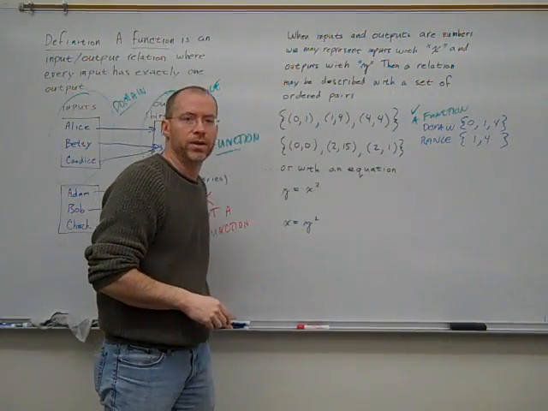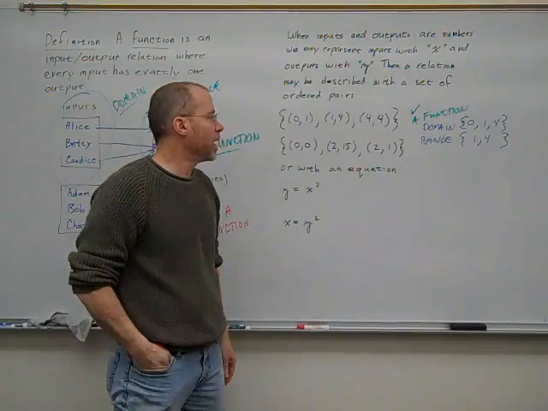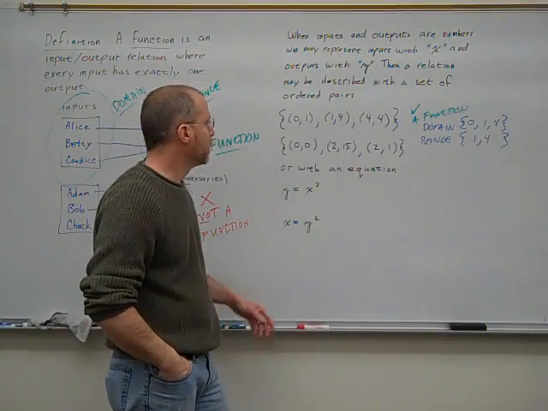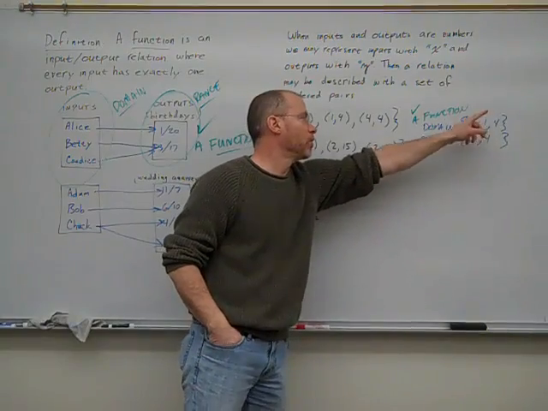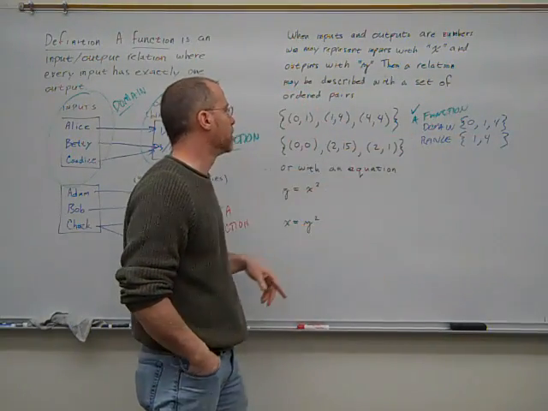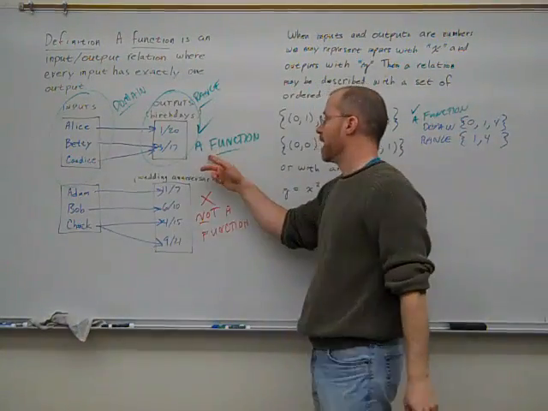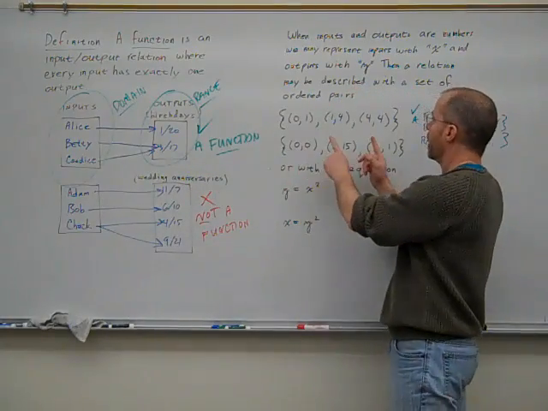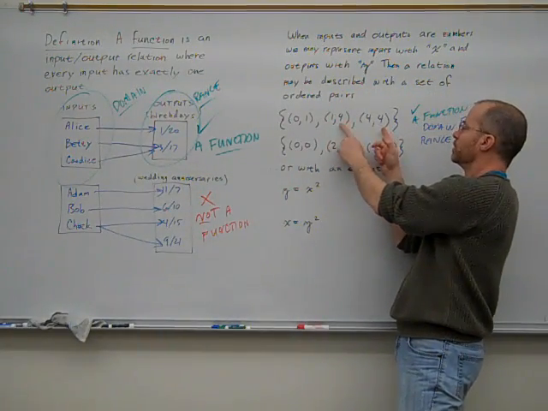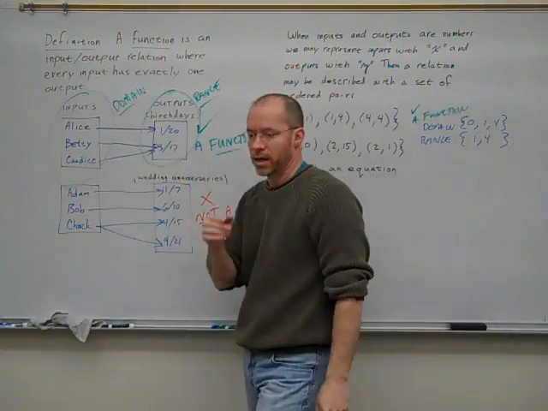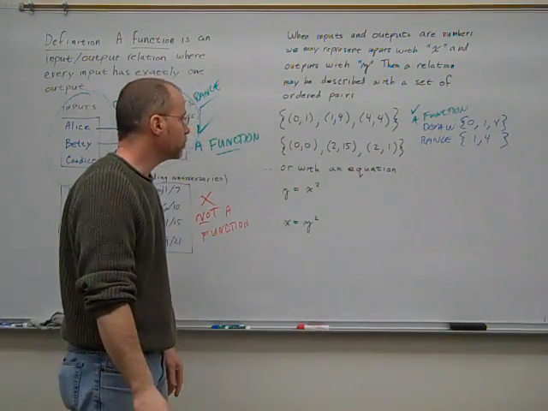It's okay that the range has fewer elements than the domain as long as the mapping tells us exactly one output for each input. The situation here is actually similar to the book club example where we have two different inputs, 1 and 4, that go to the same output, but that's okay. I still have a function going on here.